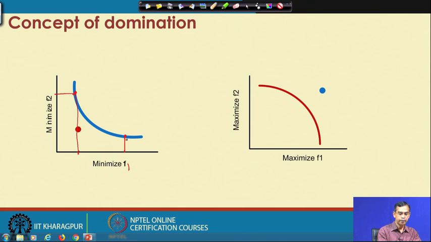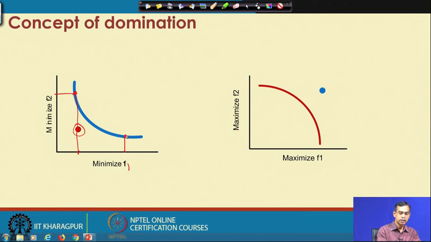On the other hand, this solution is also good with respect to f2, but not with respect to f1. However, this is the one solution which is good with respect to both this solution as well as this solution. So, we can say that this is the one solution which dominates this solution.